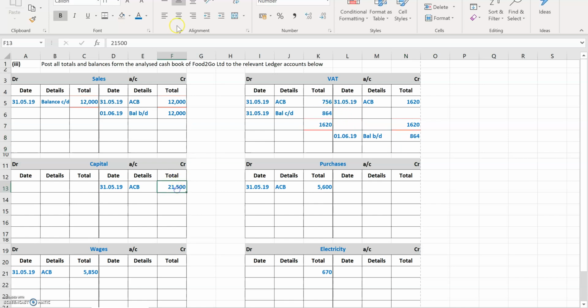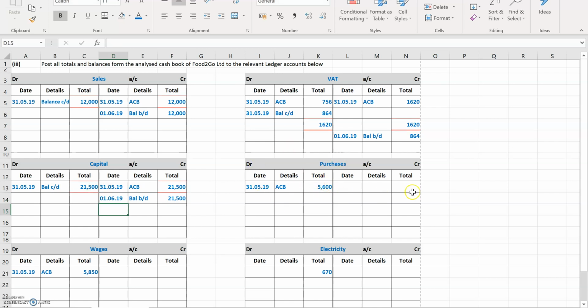So we're going to balance off this account here again. We need to put 21,500 on the debit side. The date is going to be the 31st of the 5th. Your balance figure is going to be carried down to the next month. So the 1st of the 6th, your balance brought down, and it's going to be 21,500.